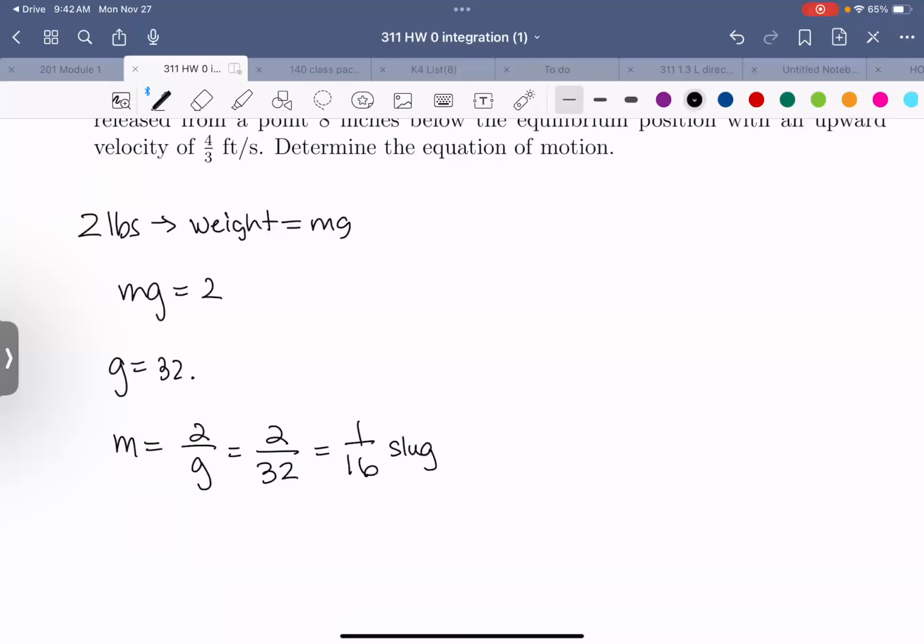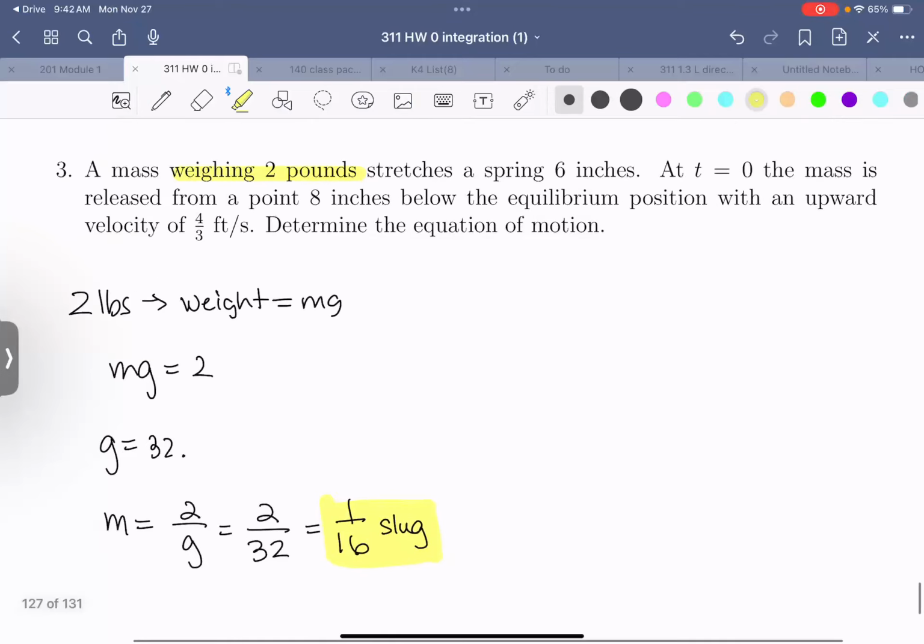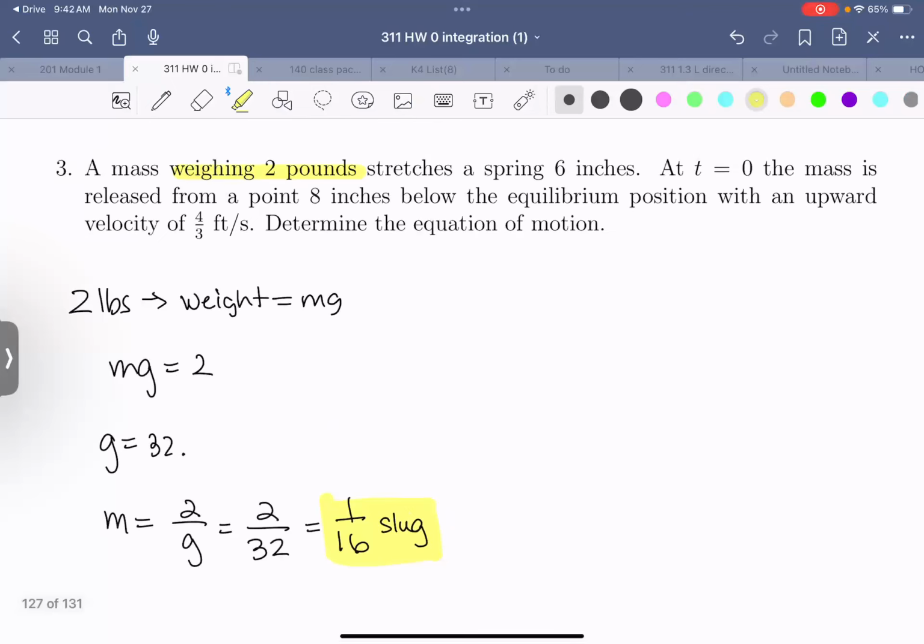So that's the first thing that we need, because in order to plug into my equation, I need the mass and I need the spring constant K. So that one gives us our mass. It tells us it stretches the spring 6 inches. The 6 inches is which variable? That's your S. Now I've got to be careful here because if we're in standard units, then my measurement for distance isn't inches.